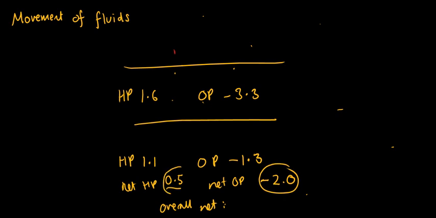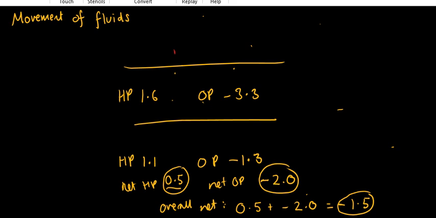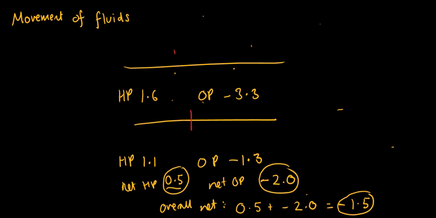So then we're going to do our overall pressure, which is going to be 0.5 plus minus 2, and that is going to give us minus 1.5. So we are going to have the fluid being drawn back into the capillary, and so therefore, as already mentioned, this is going to be at the venous end of the capillary.